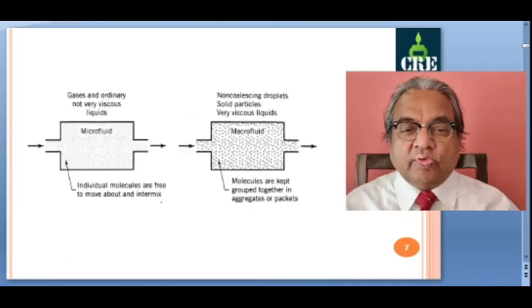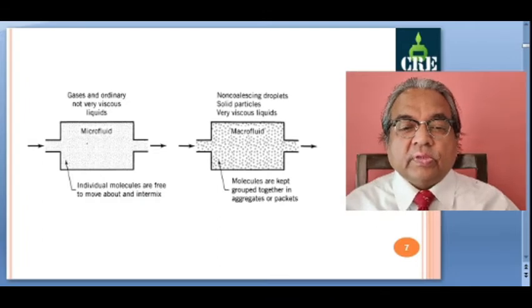So what is microfluid and what is macrofluid? Microfluid is where the individual molecules are free to move about, so here individual molecules are freely moving and they are intermixing with each other. So this is for the gases and ordinary liquids which are not very viscous.